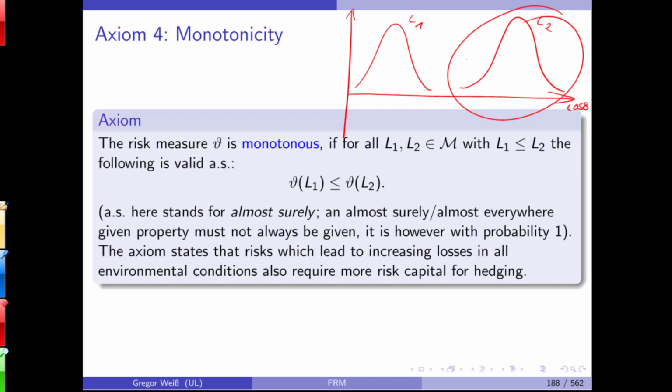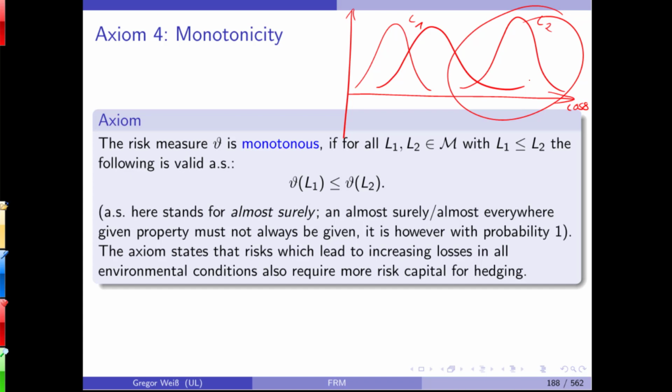And that's the focal point here. Any 2 risks, L1 and L2, but we require that L1 is smaller or equal than L2 almost surely. If the situation had looked like this, then we could not make any statement on this. Remember, we're talking about random variables, and you cannot simply compare random variable with random variable. If you compare a random variable with another random variable, that means that you need to compare all the values in any circumstance, in any scenario.